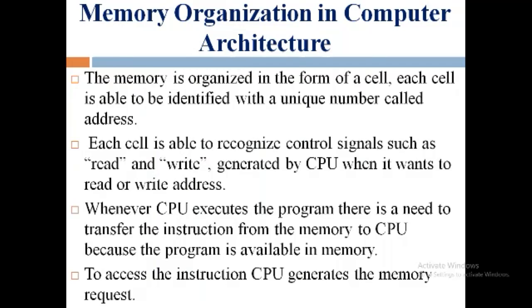read or write an address. Whenever the CPU executes the program, there is a need to transfer the instruction from the memory to the CPU because the program is available in memory. To access the instruction, the CPU generates the memory request.